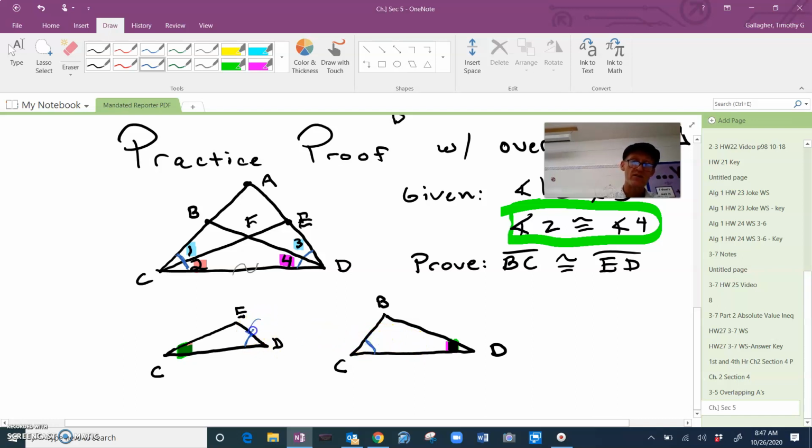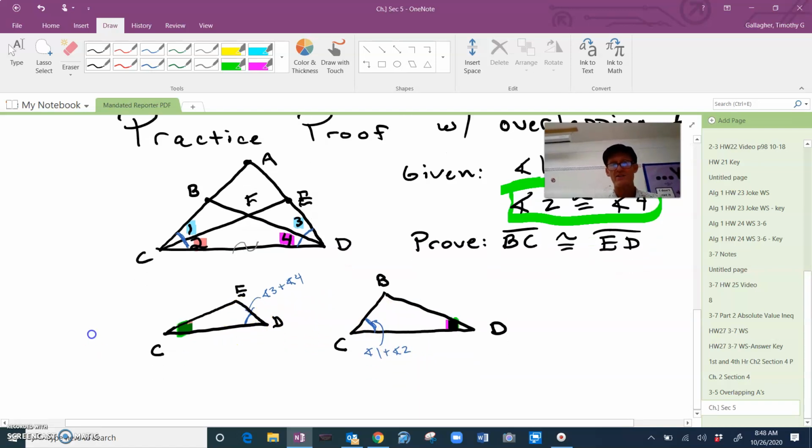So this angle is angle 3 plus angle 4, and this angle right here is angle 1 plus angle 2. And since 1 and 3 are equal, and 2 and 4 are equal, their sums are equal.